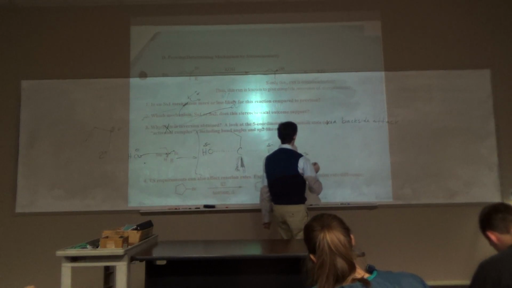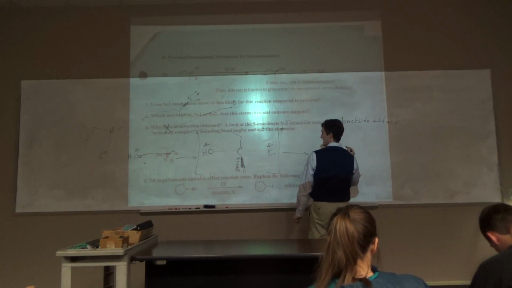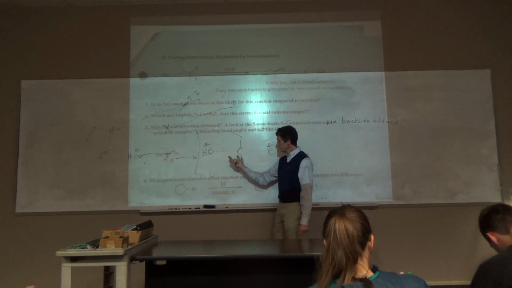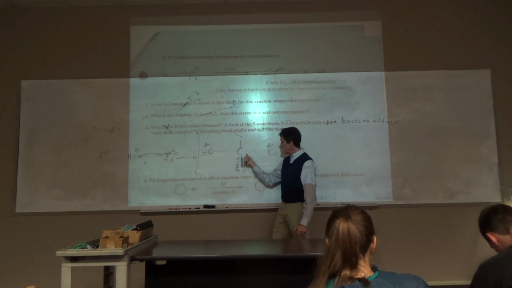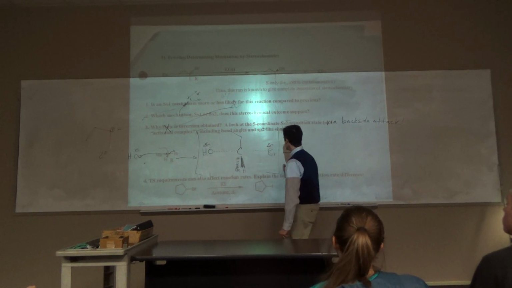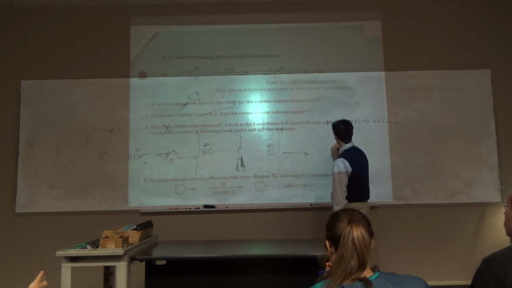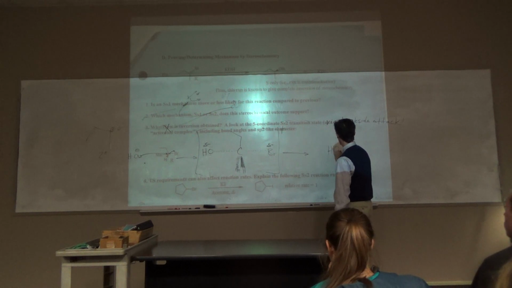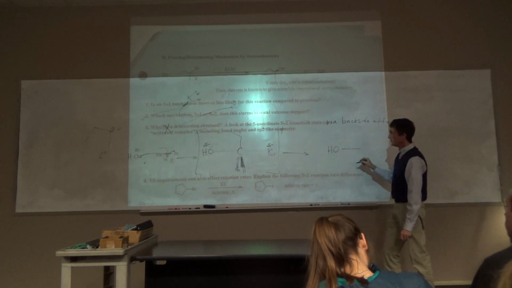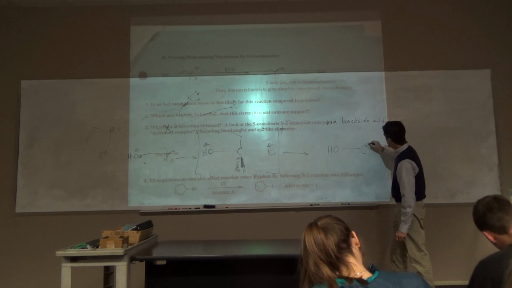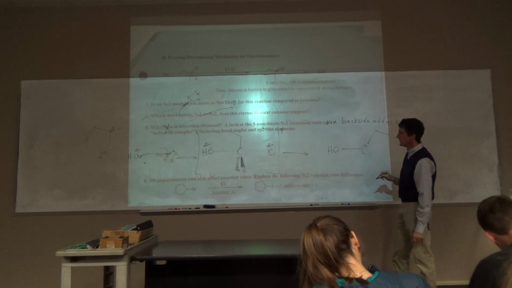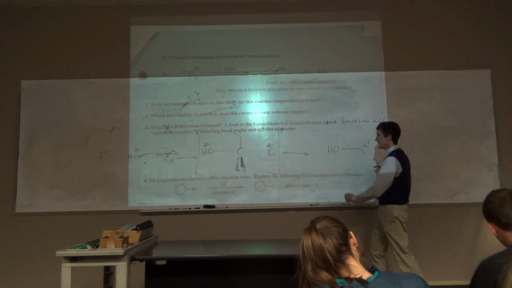Okay, let's show the final product. As the reaction completes, this becomes a full bond, and this totally breaks. So now we have hydroxide here, a full bond to the carbon. Now these groups go this way.